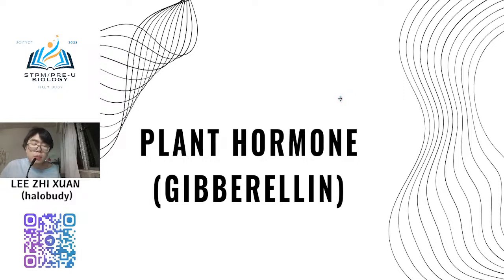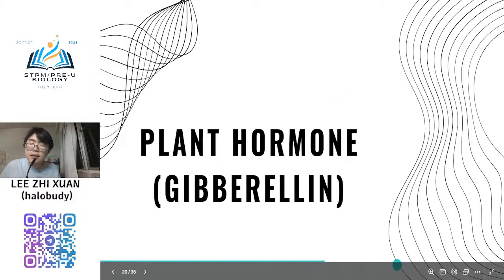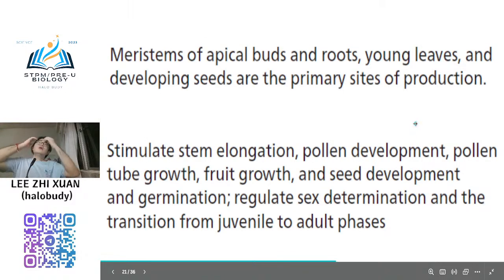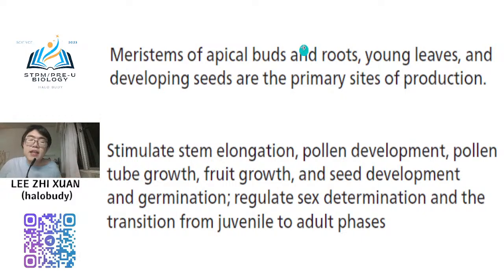Okay, next hormone is gibberellin. Normally the sites of gibberellin production are the apical bud and also root, young leaf and developing seeds.